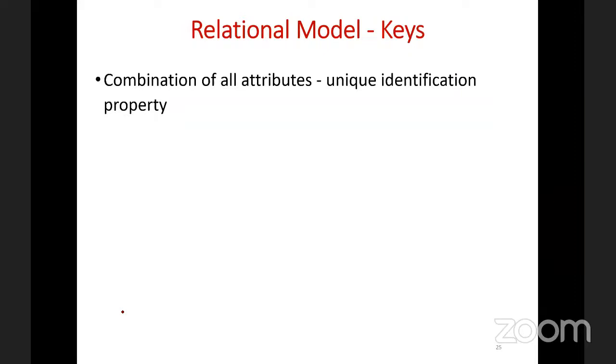Now, when we talk about the relational model, another important thing to consider is keys, because we are saying that each row is unique. So how will the system do that? Let's say there are 1,000 rows already in some table, and I want to insert a new row. How is it possible to check that it is different from the previously stored rows?